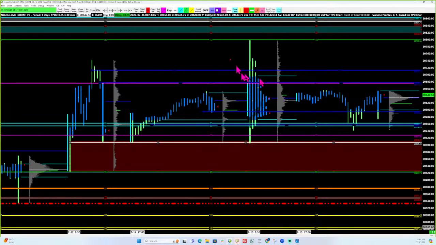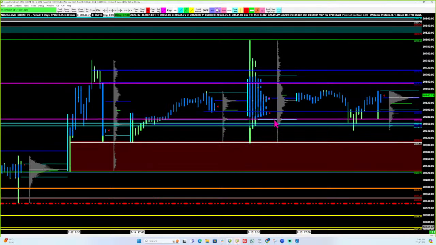Let's see if we can fix this stuff up. Value area low. Value area high. Pretty much still in balance from back here on the 12th.